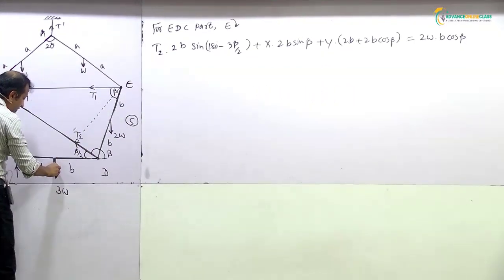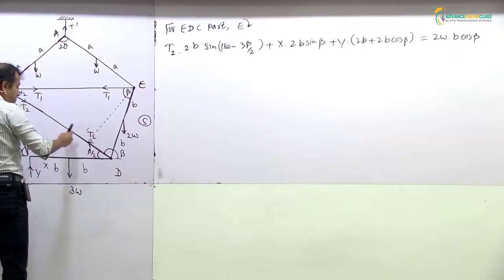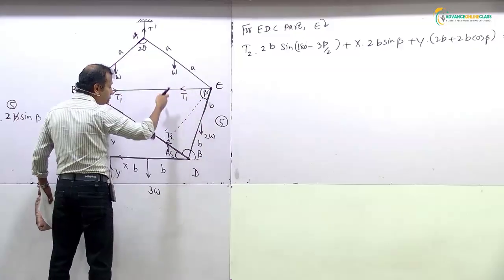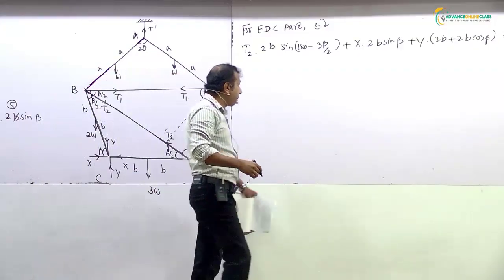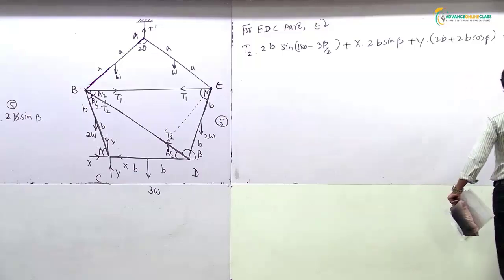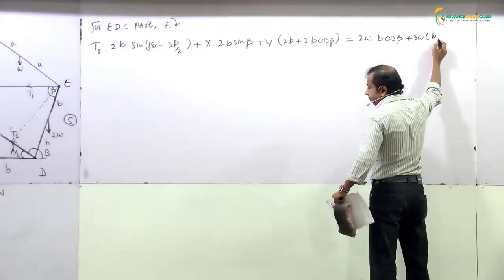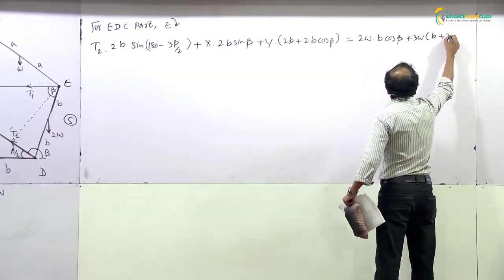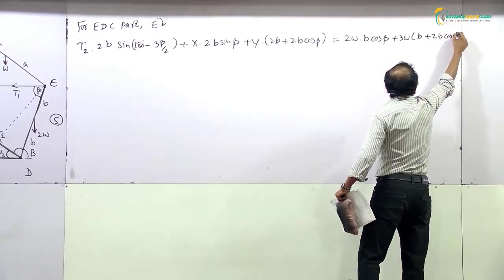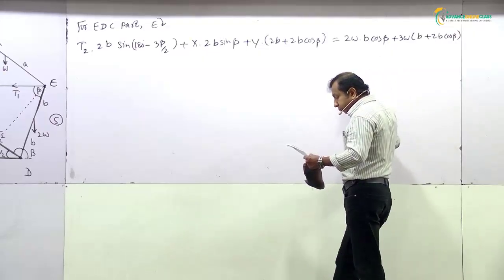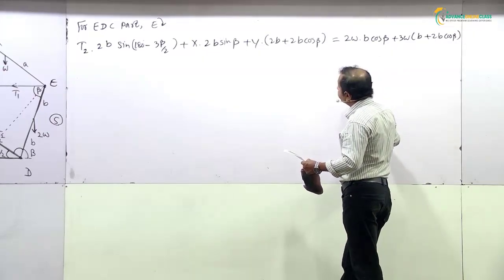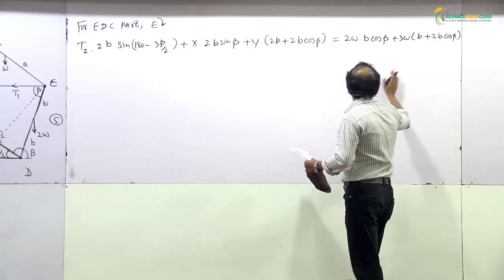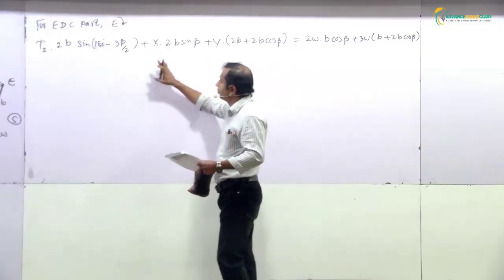From here to here is b, and when we bring this way, 2b cos beta. 3W into b plus 2b cos beta. All right, this way we get the equation.